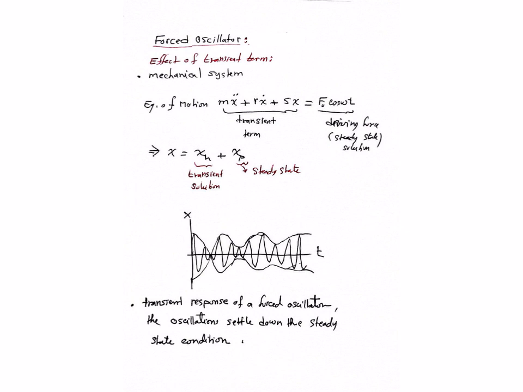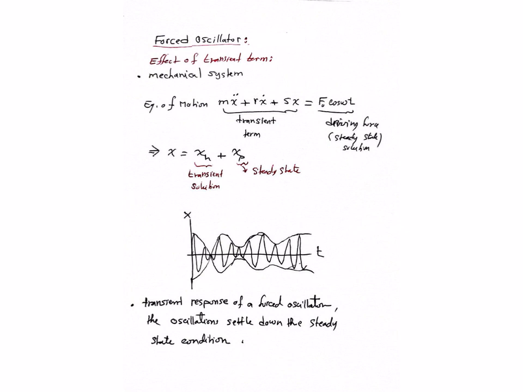The inhomogeneous term, F0 cosine omega t, represents the driving force and leads to what we call the steady-state solution. The homogeneous solution of this equation is called the transient solution. Therefore, we have two solutions. We have to add them together.